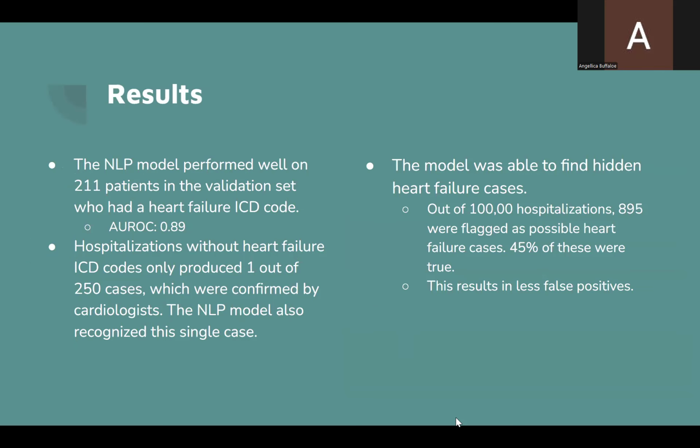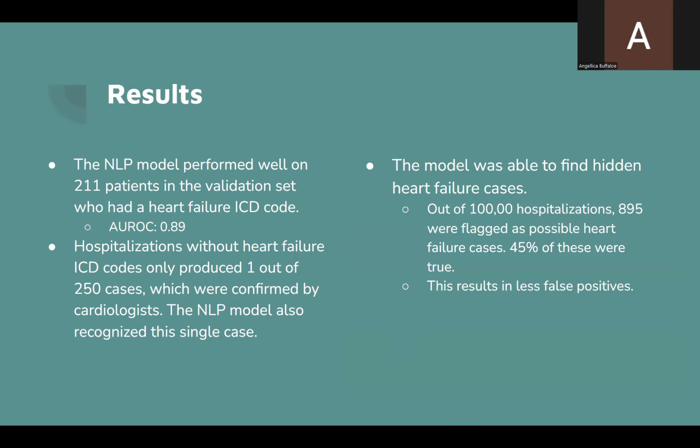So it was found that the NLP model performed well on 211 patients in the validation set who had a heart failure ICD code. The AUROC was 0.89. Hospitalizations without heart failure ICD codes only produced 1 out of 250 cases confirmed by cardiologists.